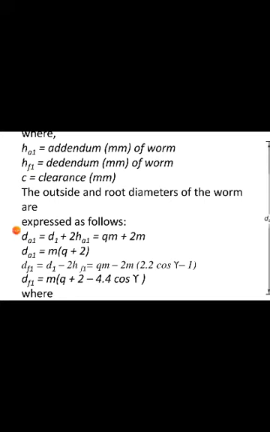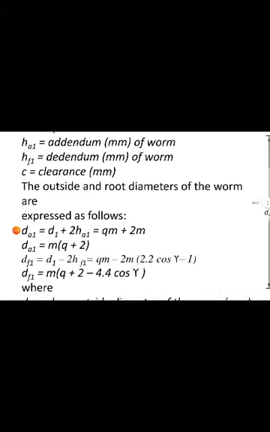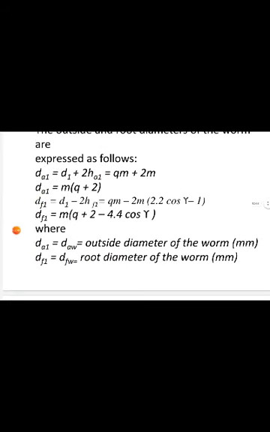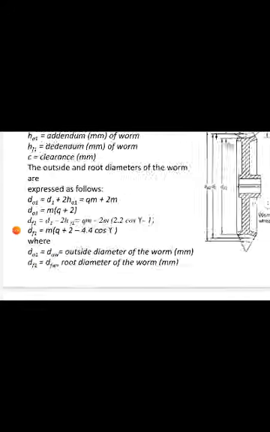So the formula becomes module into (quotient plus 2). So this is the addendum circle diameter. And dedendum circle diameter is given by DF1 or DFW, and the formula is pitch circle diameter of the threaded worm minus twice of dedendum, and that formula finally becomes module into (quotient plus 2 minus 4.4 cos of lead angle).